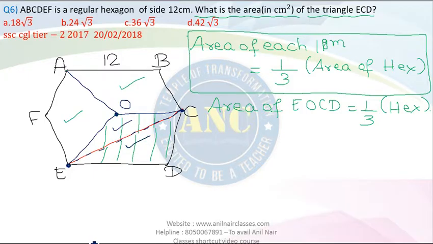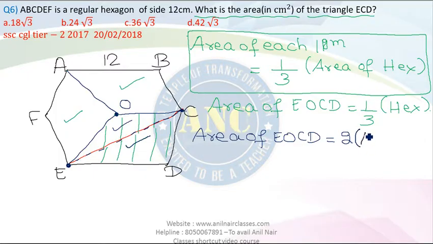I hope I am making sense once again. That means I can also say that the area of the entire parallelogram EOCD is 2 times the area of EOC or 2 times the area of ECD. Both are the same.